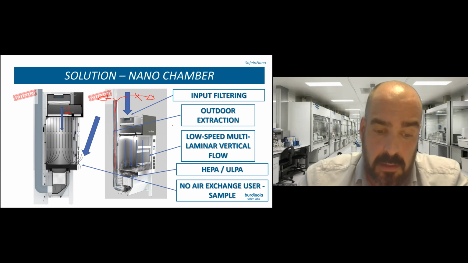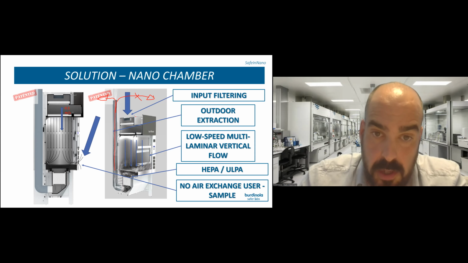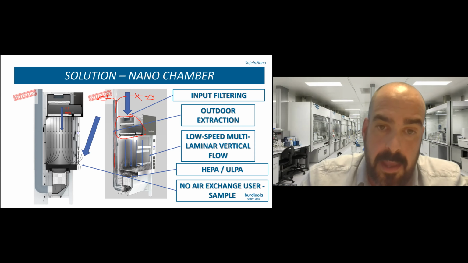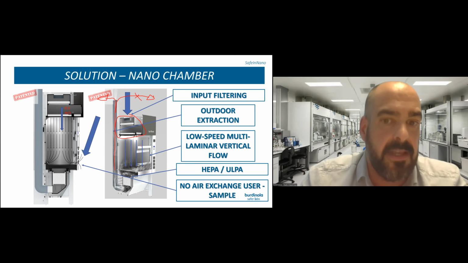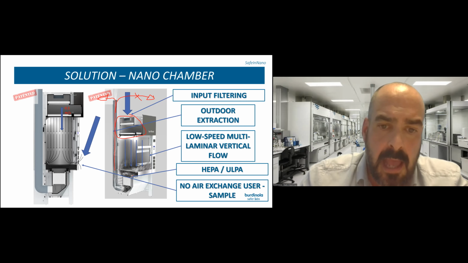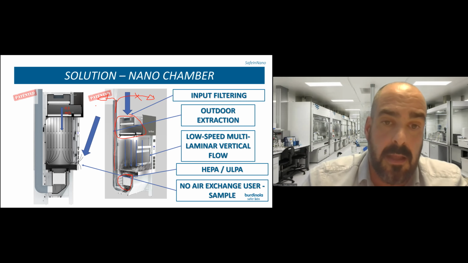The second point is that we have two filtering points, one for the input air. This way we provide clean air inside the chamber, and also an output filter to clean the air that we are extracting outside.